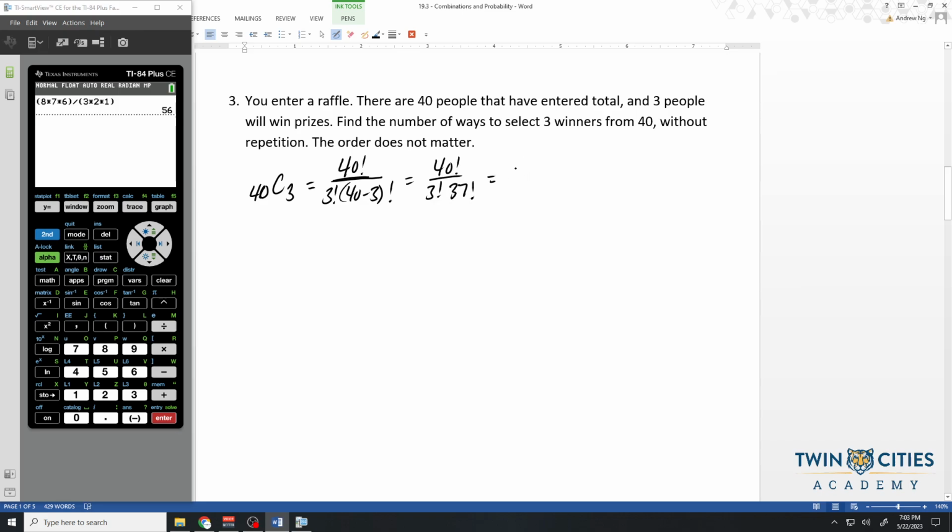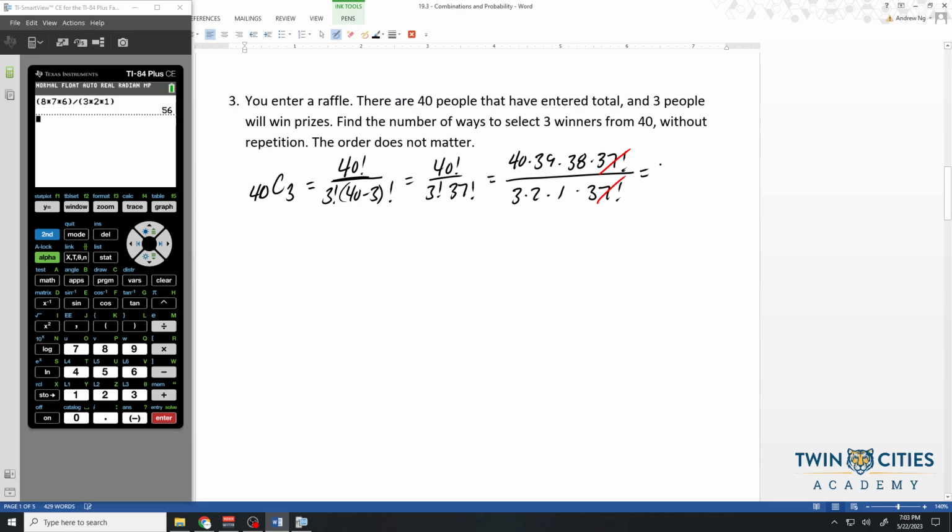And that trick that I referred to is taking the top part and saying 40 times 39 times 38, and then times 37 factorial, instead of going all the way down to 1. Because on the bottom, I'm just going to do 3 times 2 times 1 times 37 factorial, and then I'll be able to divide these 37 factorials out.